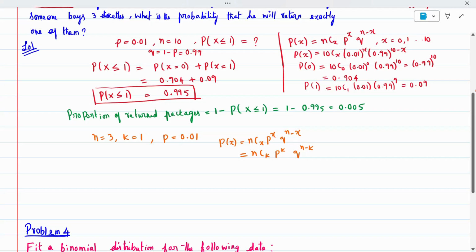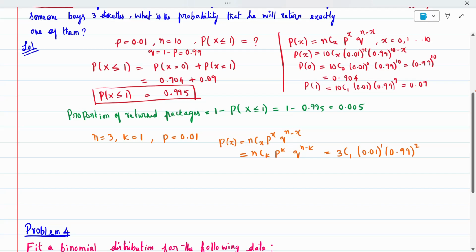So it's 3C1 into 0.01 the whole power k, which is 1, into 0.99 the whole power 3 minus 1, which is 2.